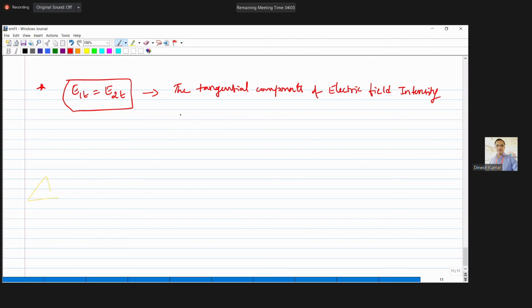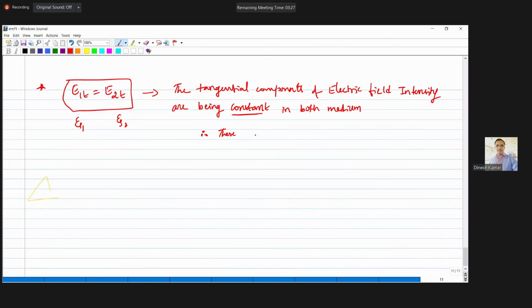The tangential components of electric field intensity are constant in both mediums. Whatever the value of the tangential component present in the epsilon 1 medium, it is also the same in epsilon 2. You are making them equal, E1t is equal to E2t. So the tangential components are remaining constant.